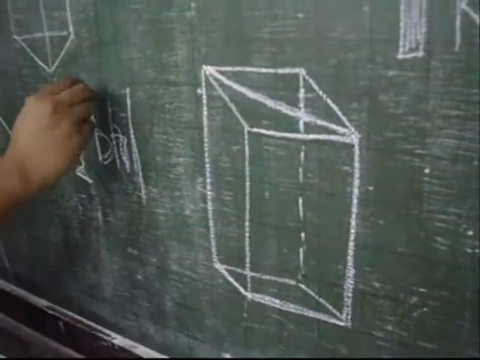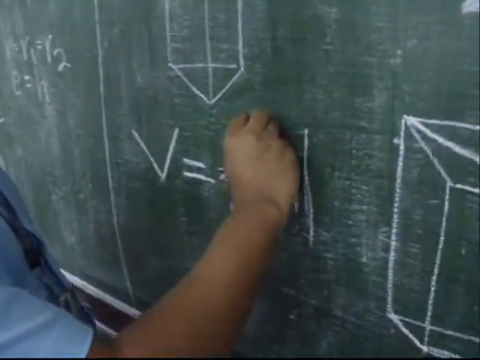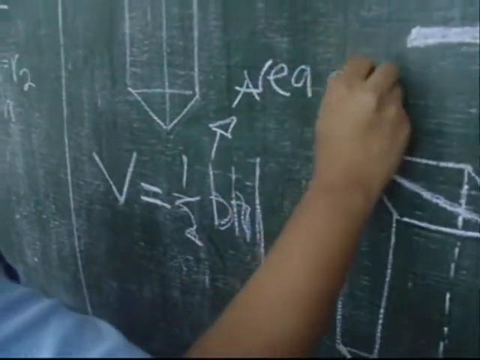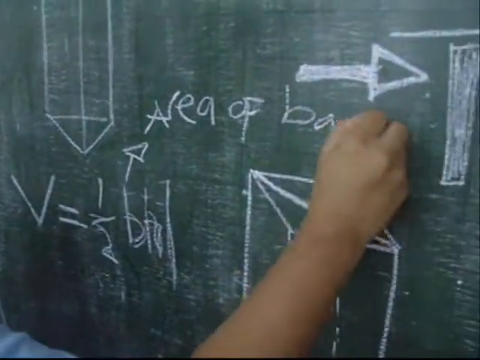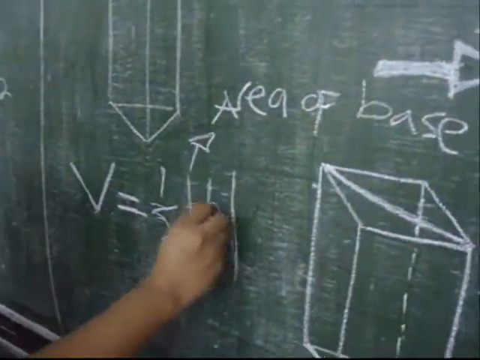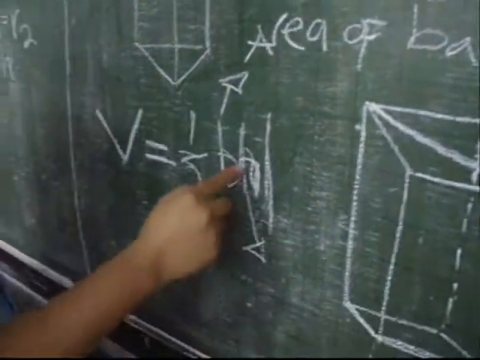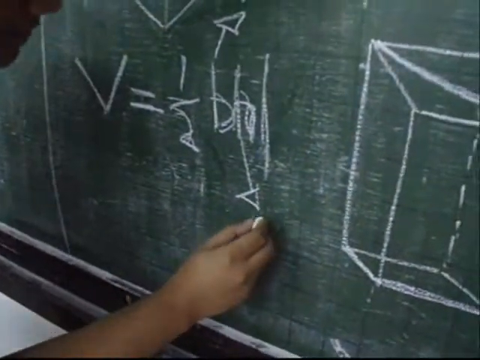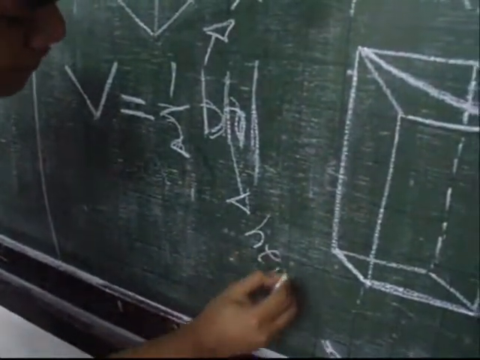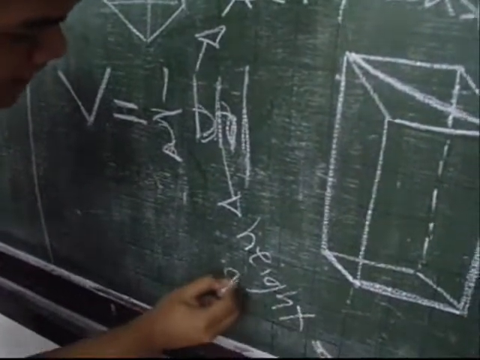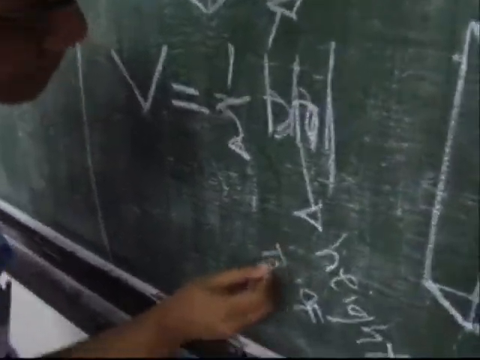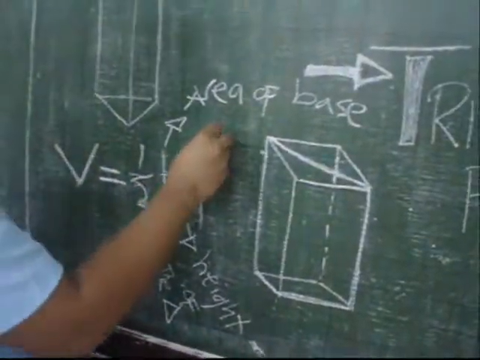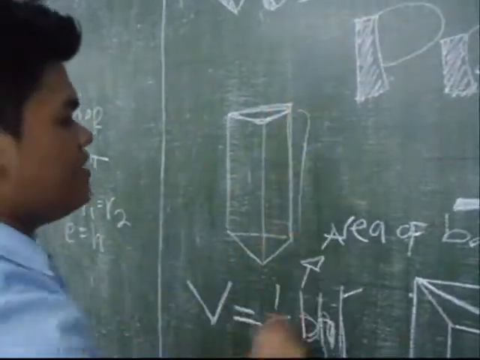And then the B here represents the base, and this H here represents the height of the triangle, and the length represents the length of the whole prism.